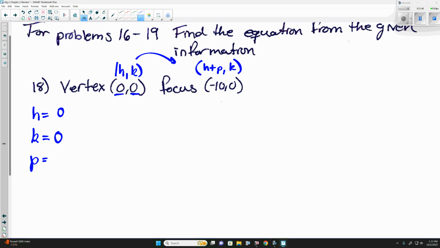Since the first one changed, we added something to our h value to get it to change from 0 to negative 10. So it would be our h plus p. And we can refer back to the general form, which matches up with x equals 1 over 4p times y minus k squared plus h.